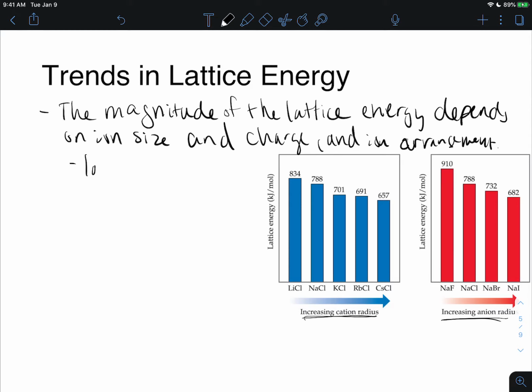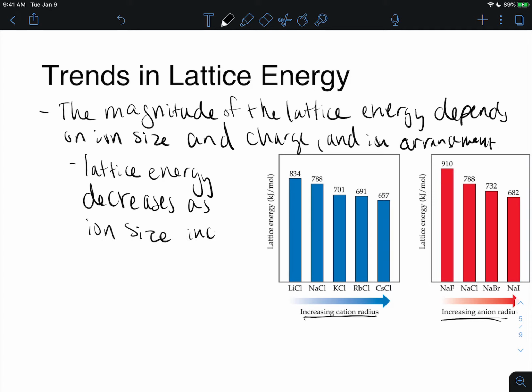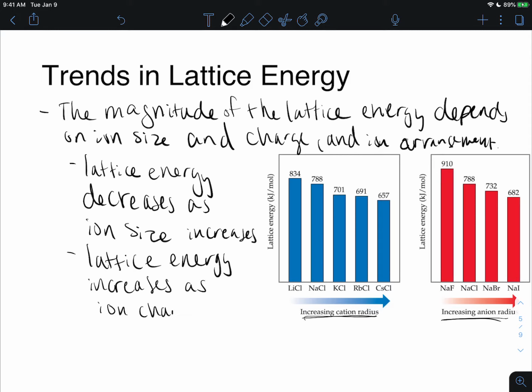So lattice energy decreases as ion size increases. And then lattice energy increases as ion charge increases.